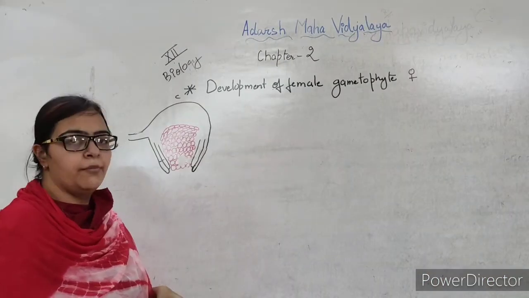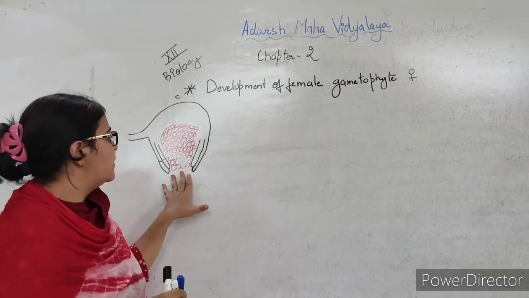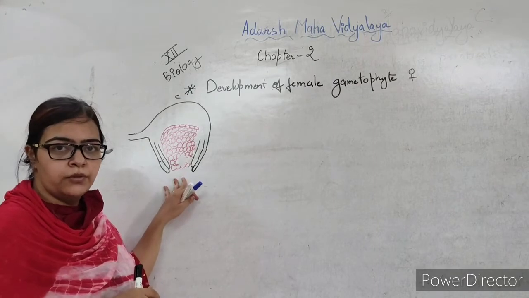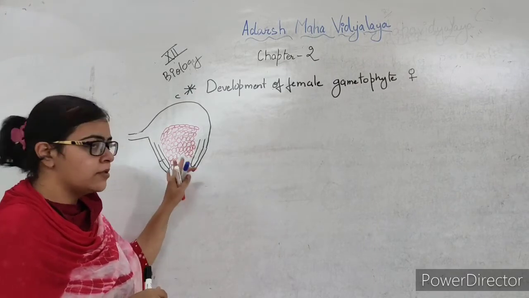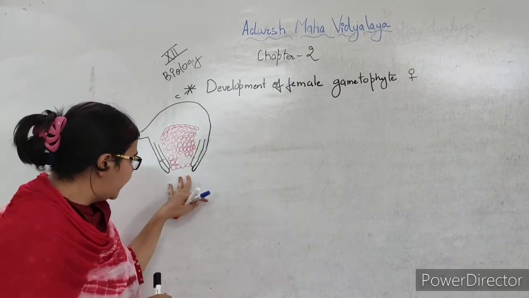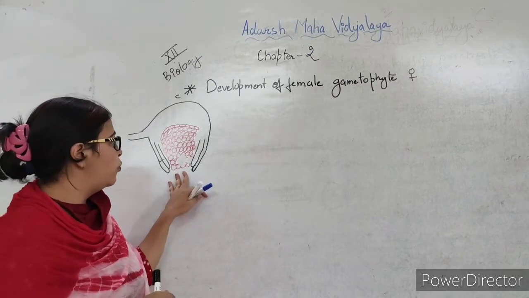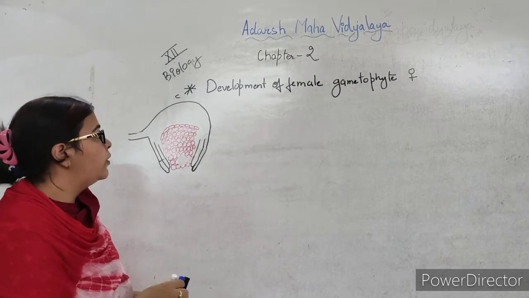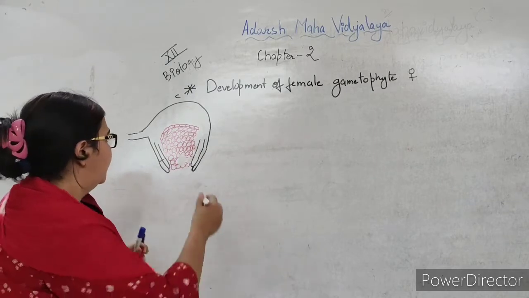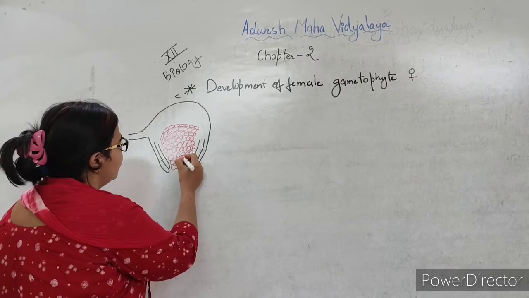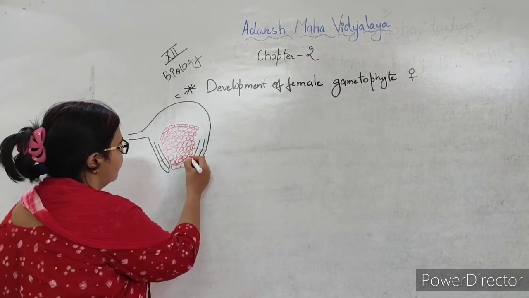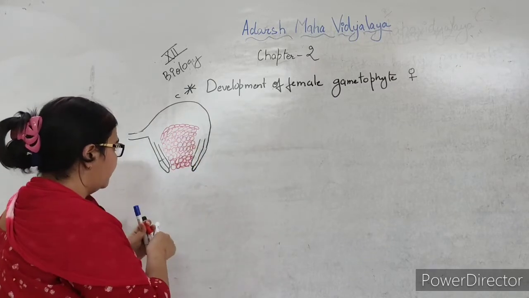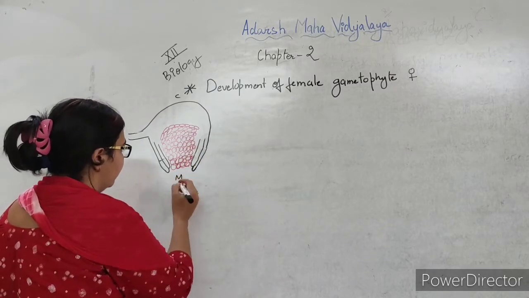Development of female gametophyte. This is the anatropous ovule. We call it anatropous because it's upside down. We have already discussed the structure of this ovule in the previous section. Now we will see development of female gametophyte. Now we know that these were the nucellar cells, and this was the chalazal end and this is the micropylar end.